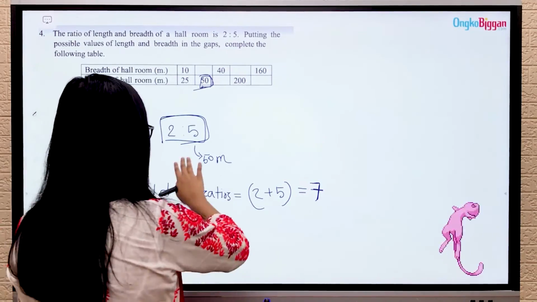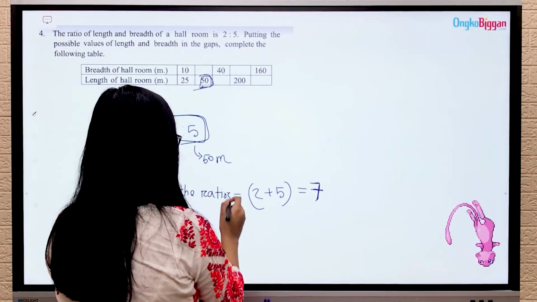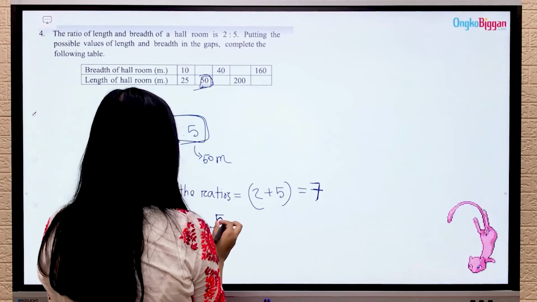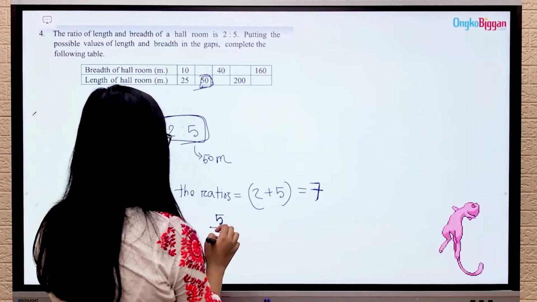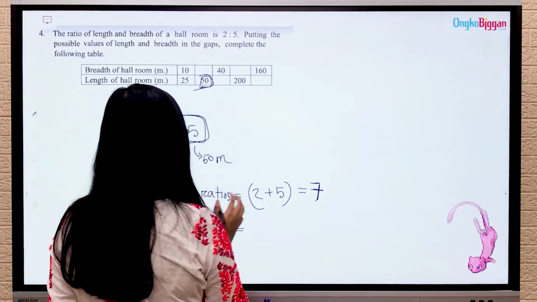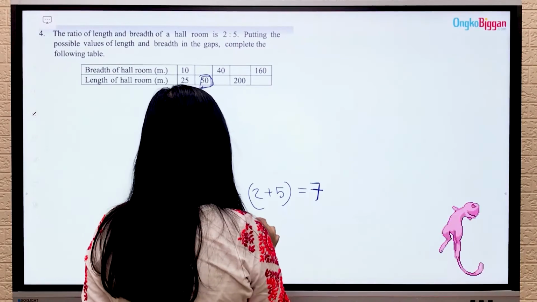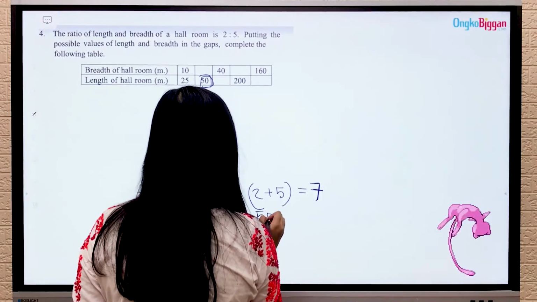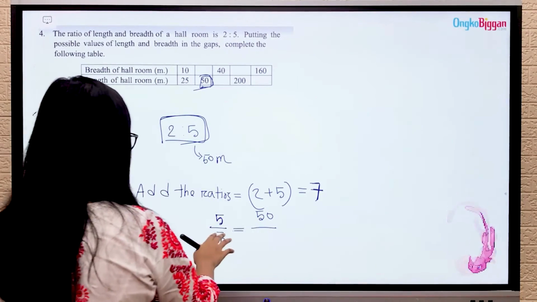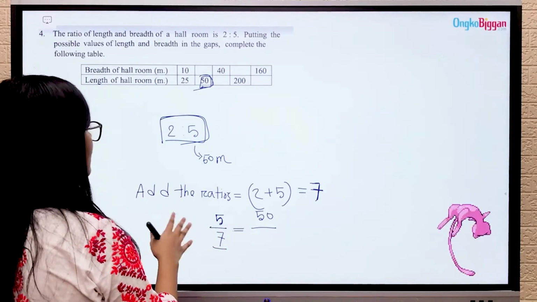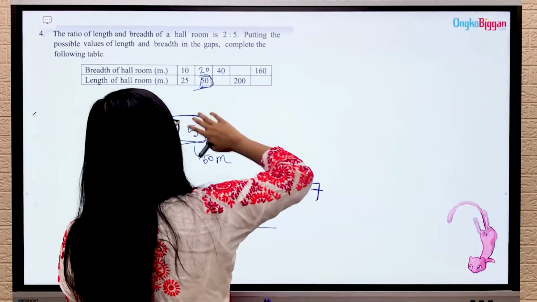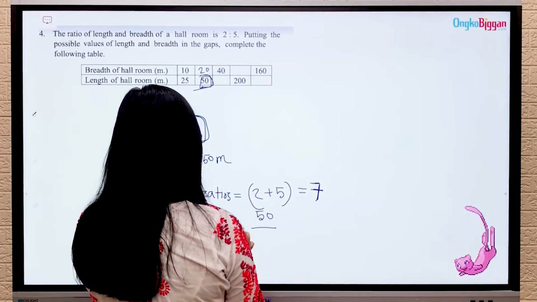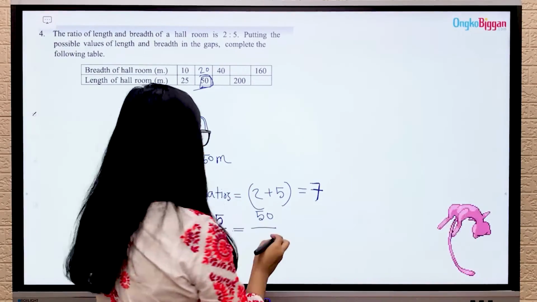So here we have 5 by 7 equal to, the ratio with term 50 will be put as it is, and 7 will be equal to the summation of both. So we have previously determined that the breadth has 20, so 20 plus 50, the total will be written here.